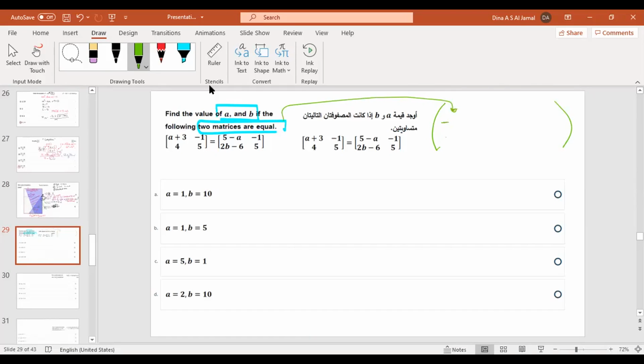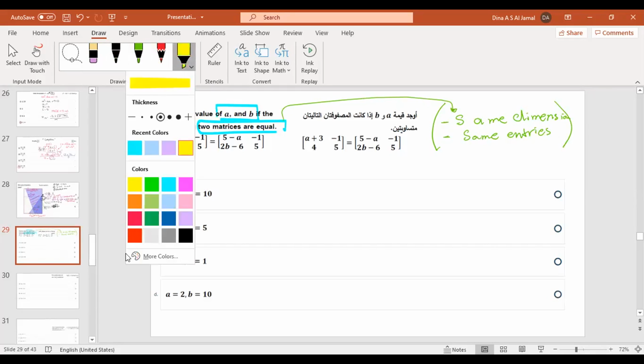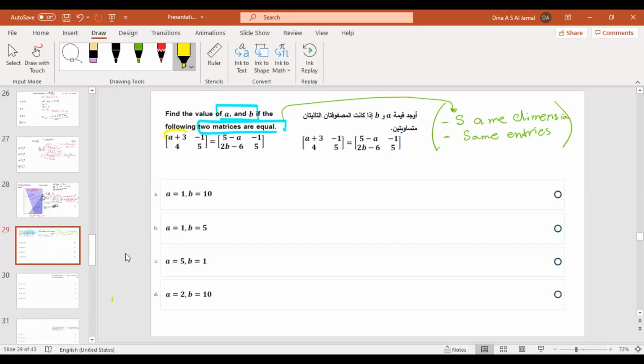First of all, when they have the same dimension and the same entries or same elements. Good. That means each unknown, I will be equating it to the opposite element.